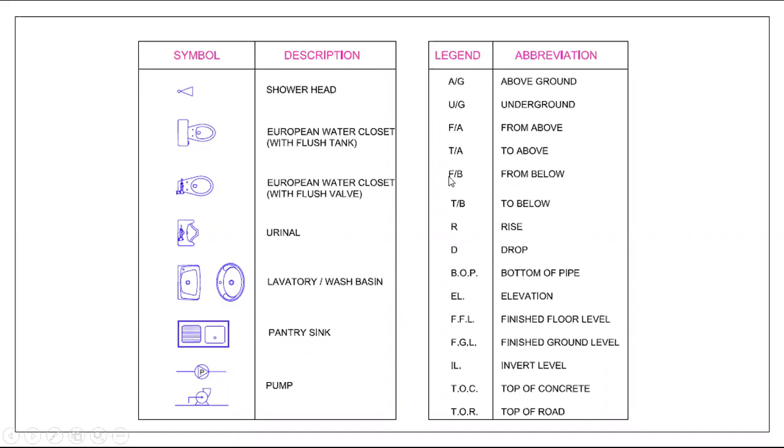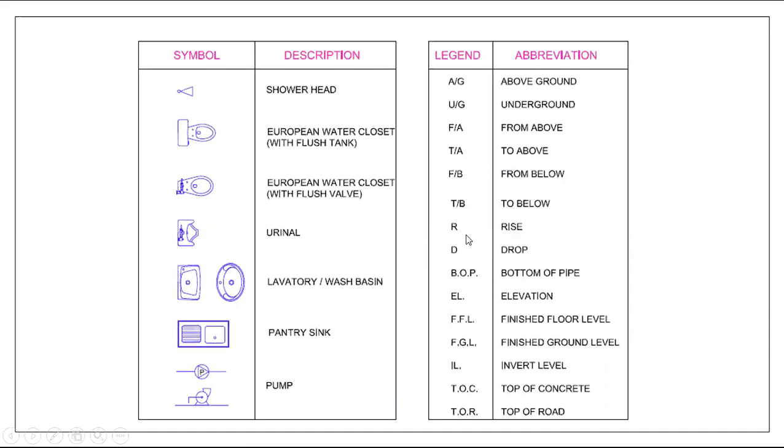From below, FB, the pipe is coming from below. To below, the pipe is going to below. We give this denotation based on the flow. All are based on the flow.